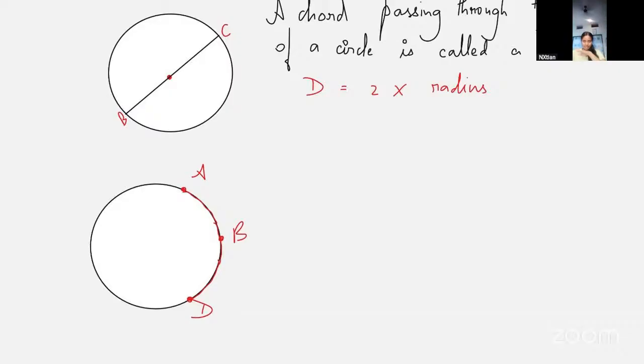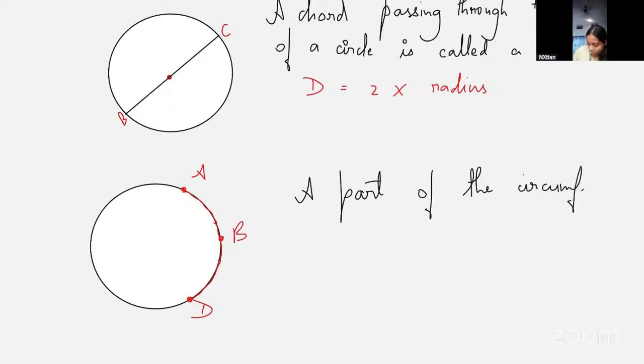The black part, you can see the black part. A part of circumference is called an arc.